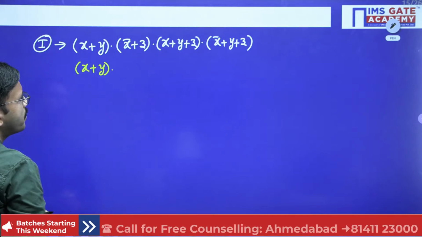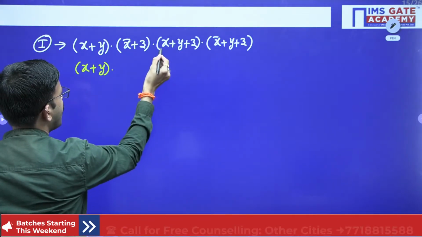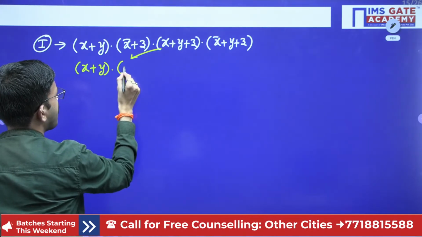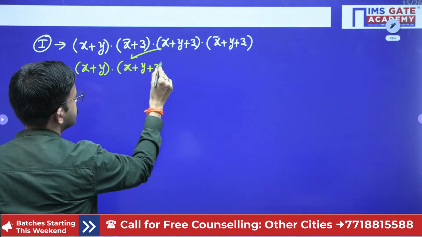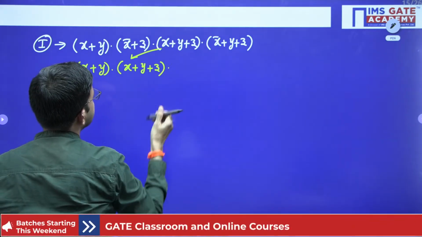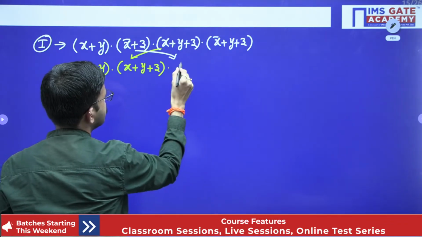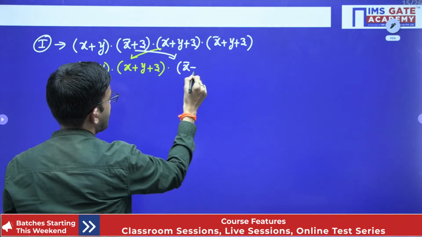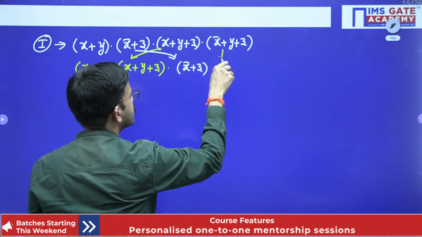First term I have copied as it is. Now I am considering the third term. I am writing the third term. And then second term I am writing. Okay, after that I am copying the fourth term.